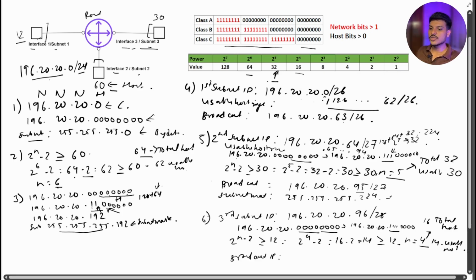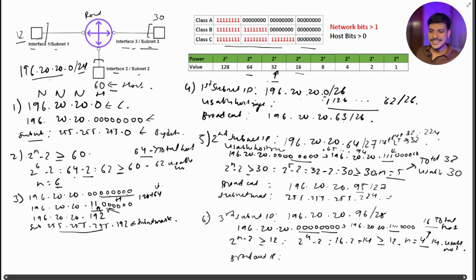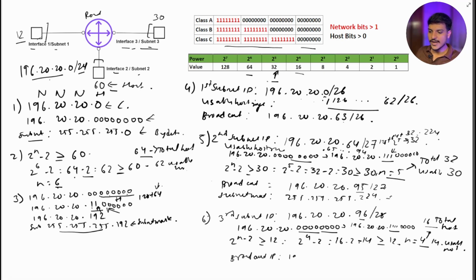Broadcast is basically the last IP of that range. As there were a total of 16 hosts possible, from 96, including this 96, if we count the 16 total hosts, it will go till 196.20.20.111/28.